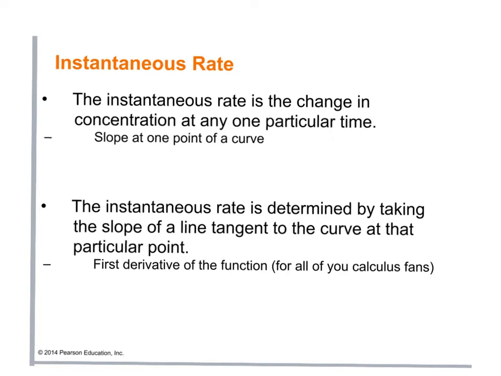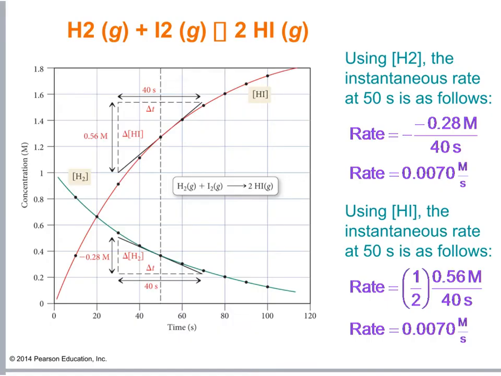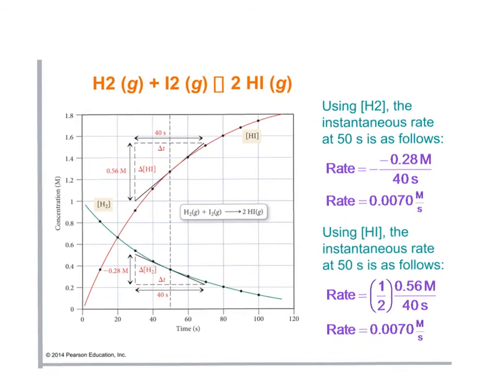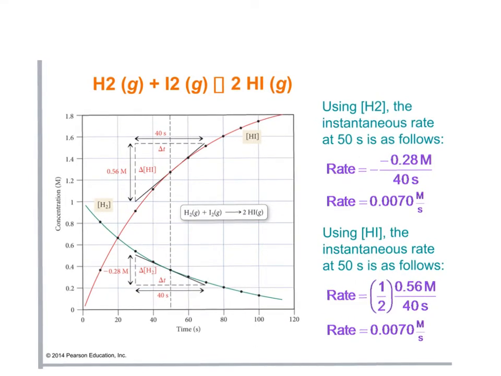And you can remember that the first derivative of a function is a term in calculus for change of y over change in x. So when we want to look at these rate changes, we can talk about the different rate changes according to the reactant H2, and we talk about instantaneous rate. Looking down here, this is that instantaneous rate.